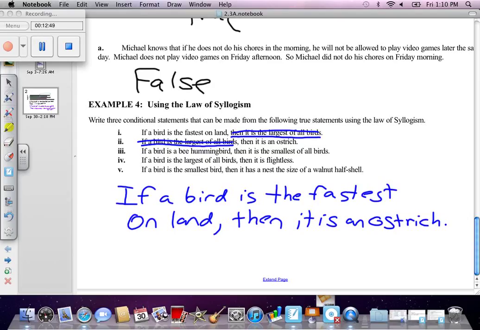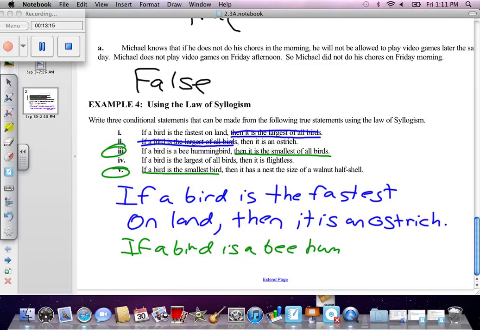I'm going to look at 3 and 5. If a bird is a bee hummingbird, then it is the smallest of all birds. If a bird is the smallest of all birds, then its nest has the size of a walnut shell. Do you see how I could take these two things and get rid of them? And I'm left with: if a bird is a bee hummingbird, which I cannot spell, then it has a nest the size of a walnut shell.